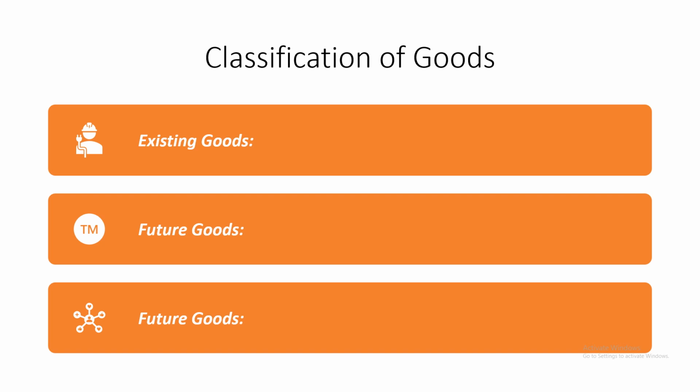The uncertain event may or may not happen. Therefore, it is an agreement to sell.